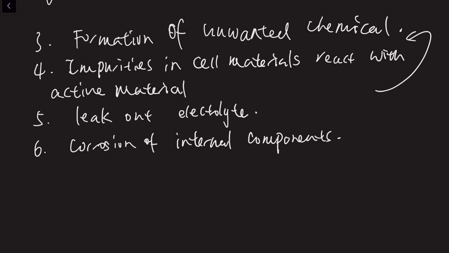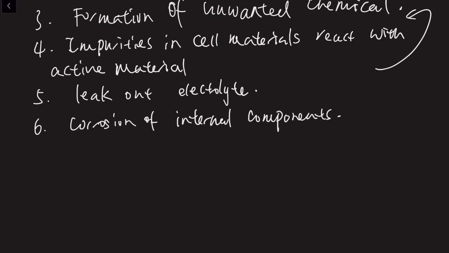And over a long period of time, maybe 20-30 years, the sulfuric acid may eventually corrode a lot of internal components, and thus cause failures within the battery. So those are the 6 possible factors that can decrease the performance of batteries. You should be familiar with those factors because they are heavily assessed in the chemistry exam.